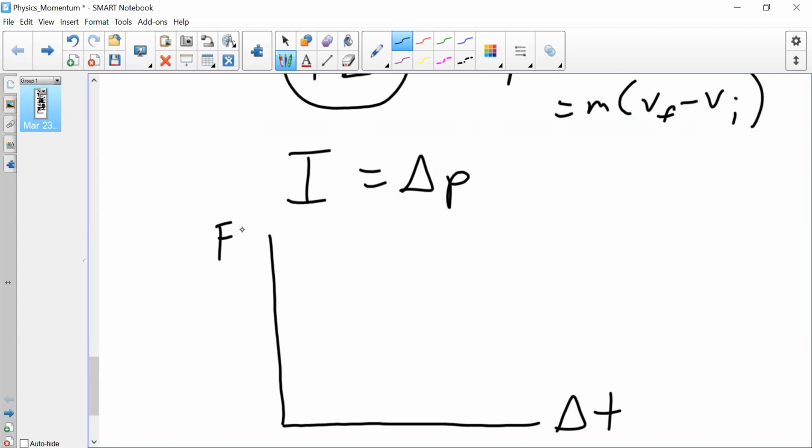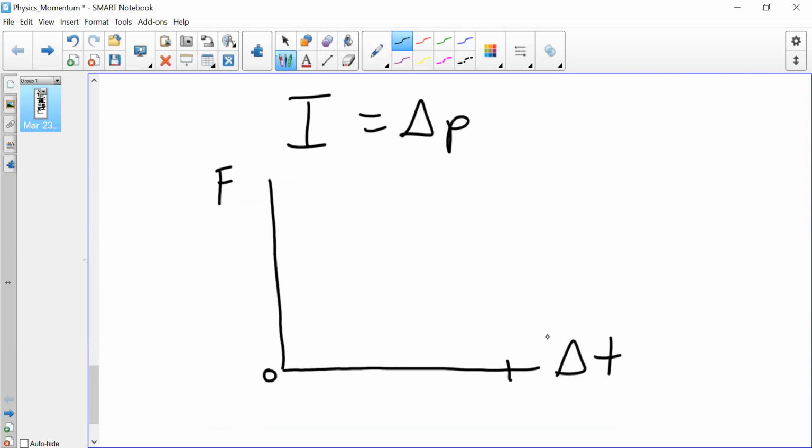So if I hit the ball with a certain force, and let's say I hit it at t equals 0, and I hit it up to t final, whatever that is. So this is going to be t initial, t equals 0. The baseball is coming in, I hit it with a baseball bat.